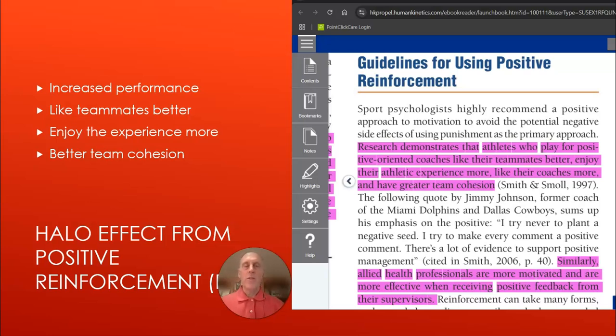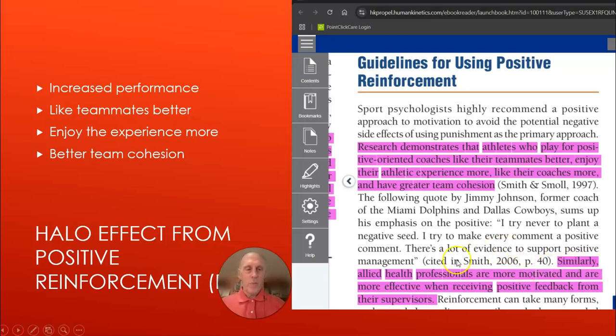All of a sudden, you have an athlete who thinks more positive, has better self-actualization, has a more positive voice in their head. Next thing you know, they like their teammates better. They get along with their teammates better. It creates better culture and better team cohesion. And they enjoy the actual experience of being on the team more than they did before when it was a punitive environment. The book notes this, and I commend them for this.